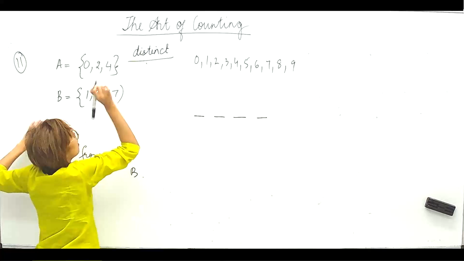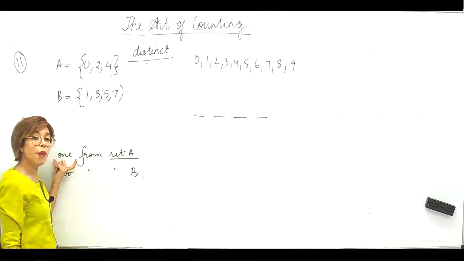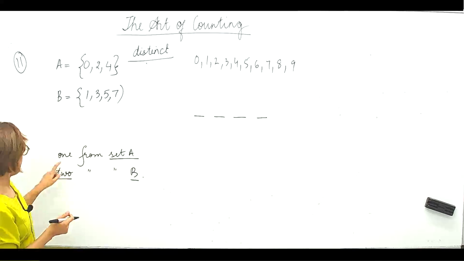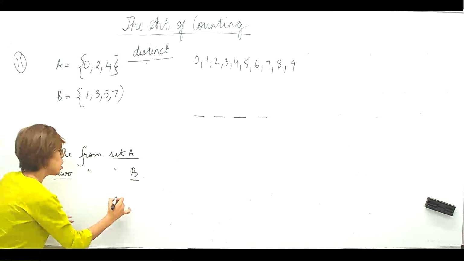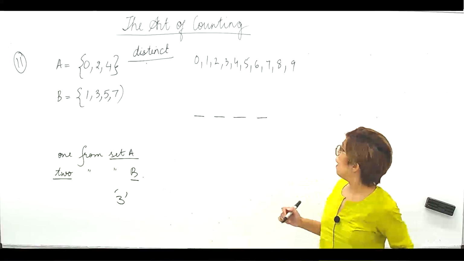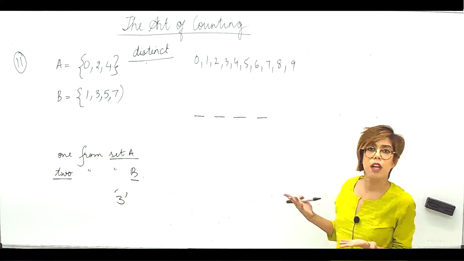Important points. And I have to make sure 1 is from set A and 2 are from set B. Oh, wait a second. I took 1 from set A, 2 from set B, so how many digits did I choose? 3. Right? I need to select 4 digits. Where will I get the 4th one?